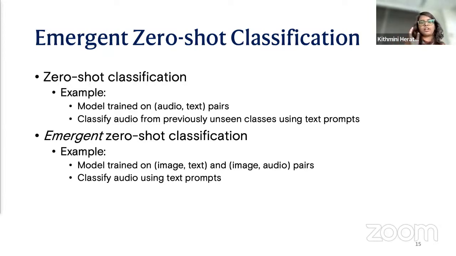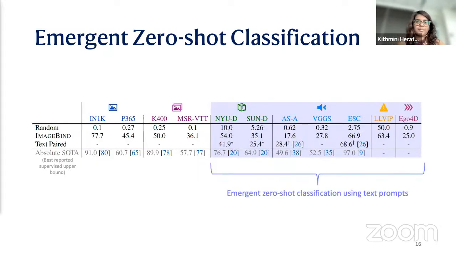That is what emergent zero-shot classification means. When you look at this table, they show that this model is quite good for emergent zero-shot classification. You have to look at the results here, shaded in blue.